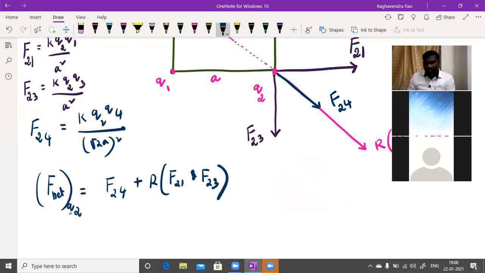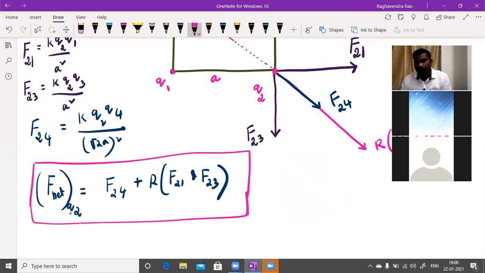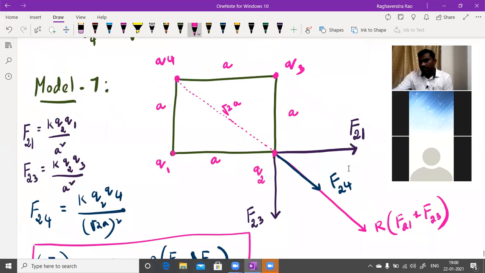Why? Because the resultant of F21 and F23 and F24 are along the same direction, so we can add both values. That is the net force on the Q2 charge. This is how we can calculate.